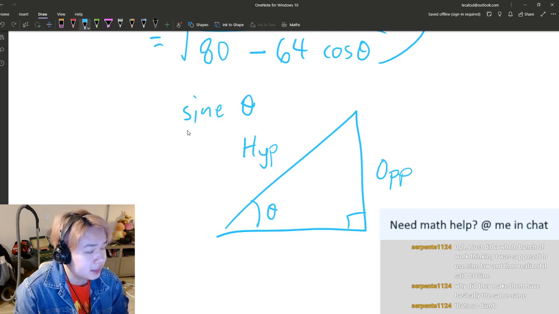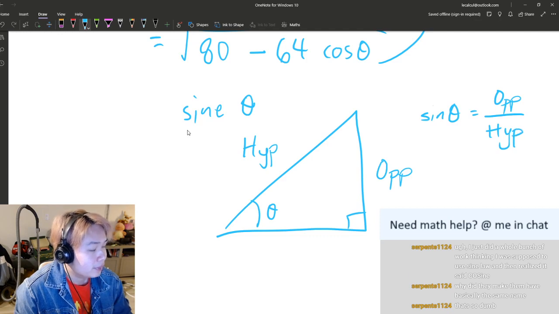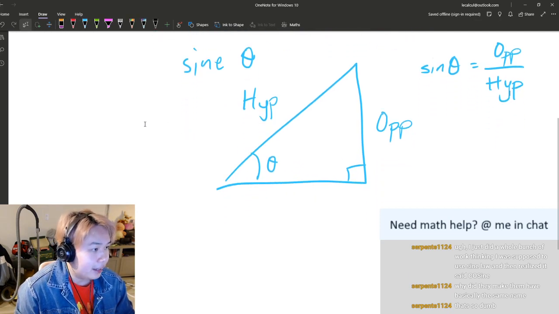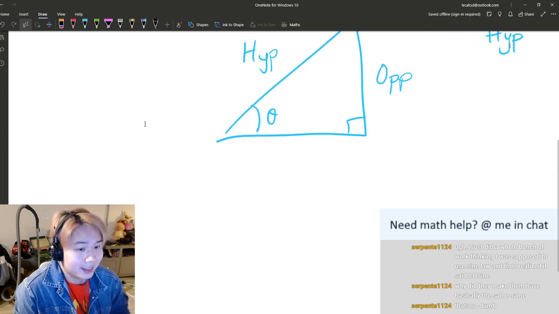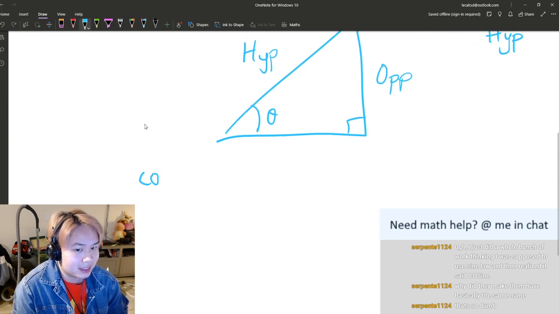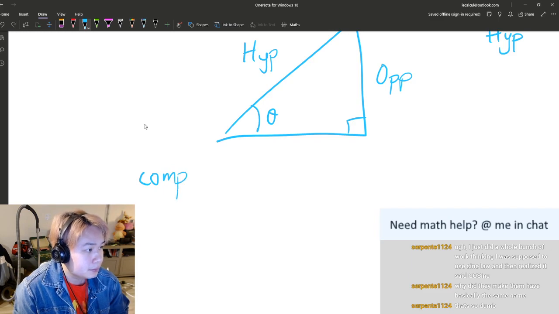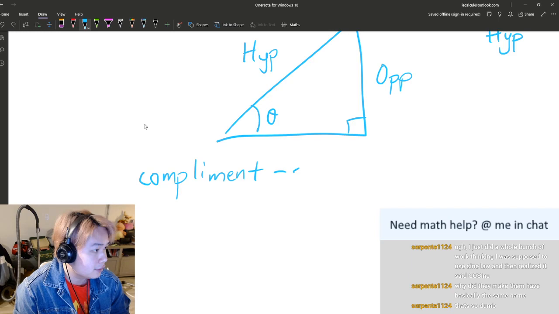Sine of an angle is literally, as I said, defined as taking the opposite side of some right triangle and dividing by the hypotenuse. Now, cosine is actually sine. The co part stands for complement. So cosine actually stands for complement sine.